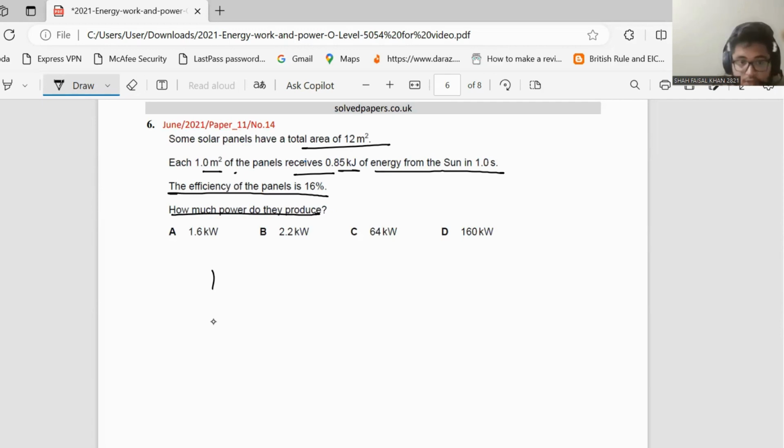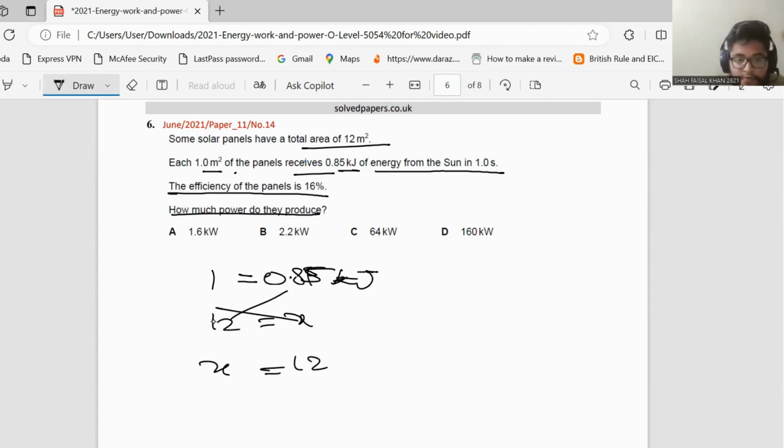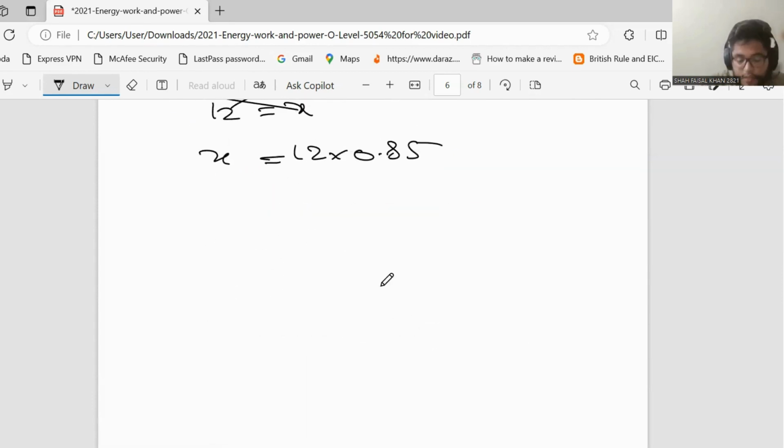So when 1 meter square receives energy of 0.85 kilojoule, 12 will have x. So x will be 12 times 0.85 when we cross multiply it. We check it in the calculator: 12 times 0.85 is 10.2.